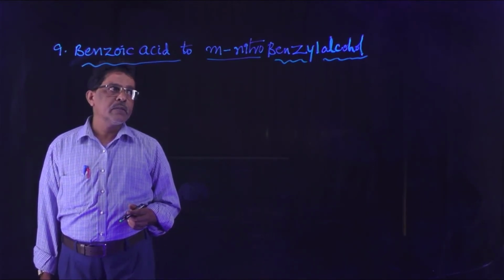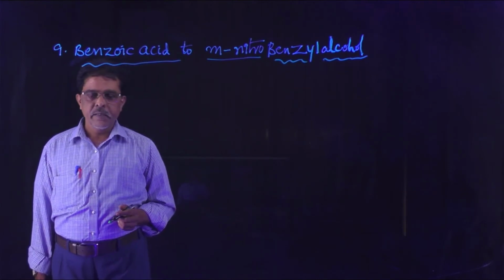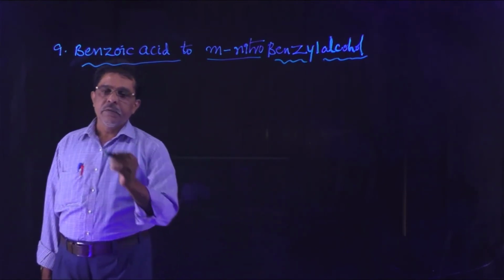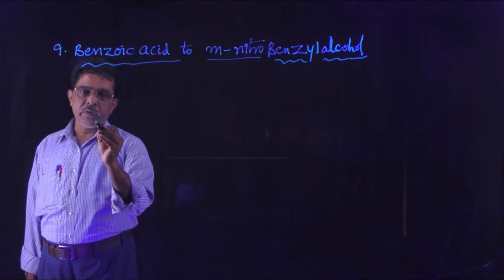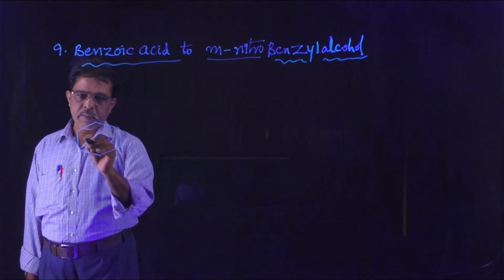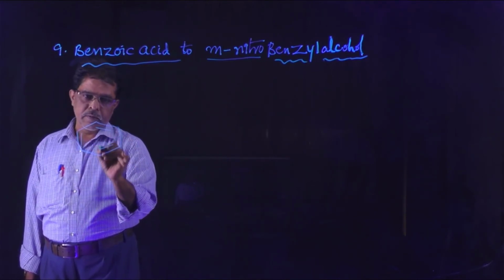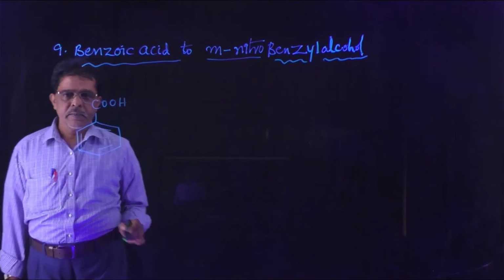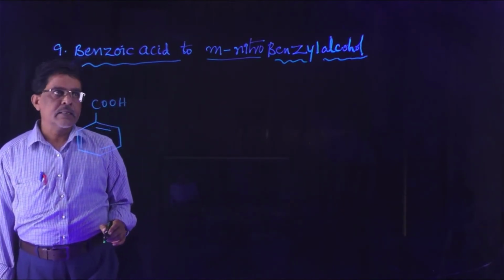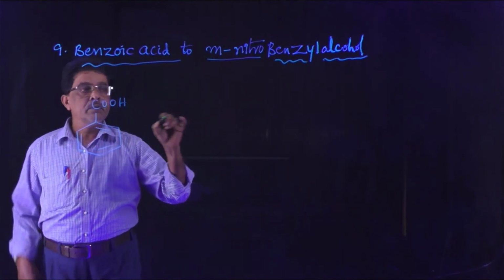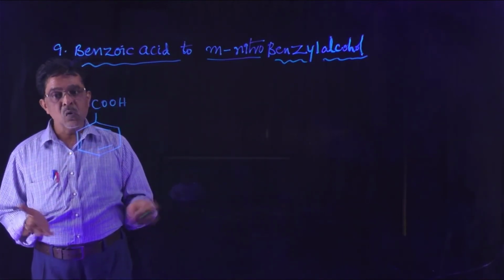metanitrobenzyl alcohol. Metanitrobenzyl alcohol. Right, understand? You know that the benzoic acid formula is a benzene ring with the COOH group, right? This is benzoic acid. This benzoic acid is converted into metanitrobenzyl alcohol.